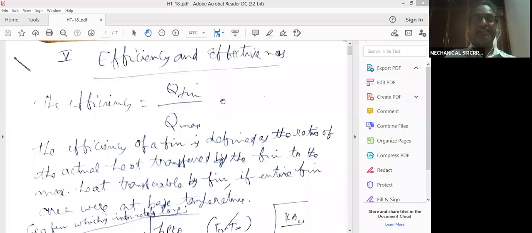So fin efficiency is the ratio of Q fin to Q maximum.